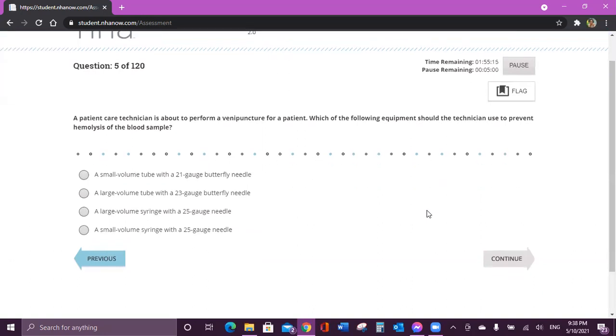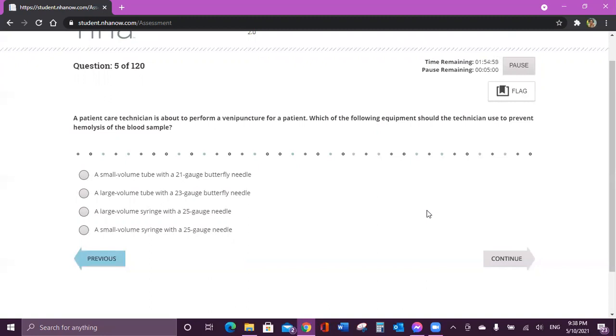A patient care technician is about to perform a venipuncture for a patient. Which of the following equipment should the technician use to prevent hemolysis of the blood sample?